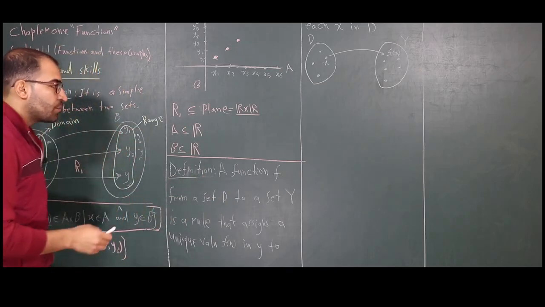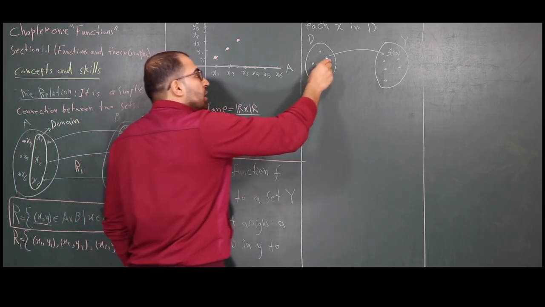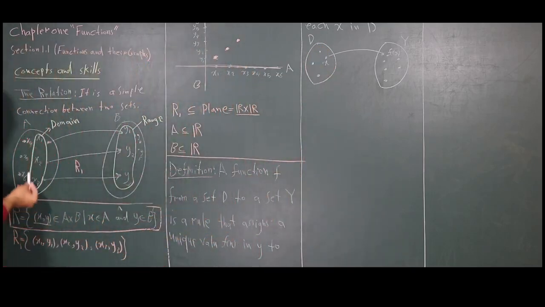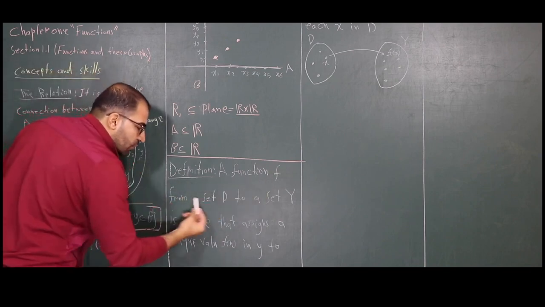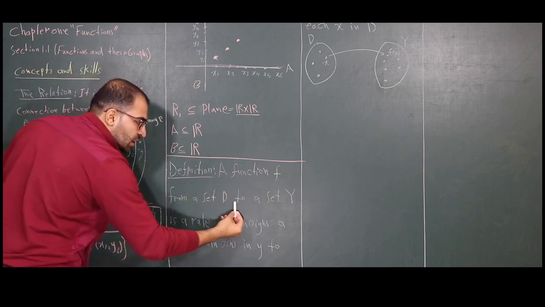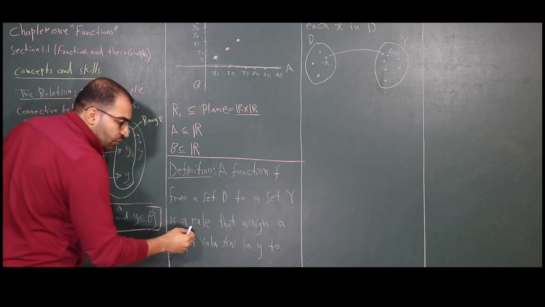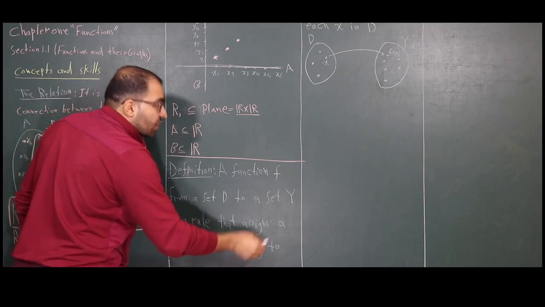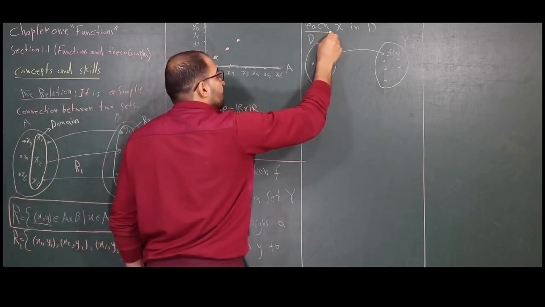The first, all the numbers here should be connected, not like the relation. A function f from a set D to a set Y is a rule that assigns a unique value of x in Y to each x in D.